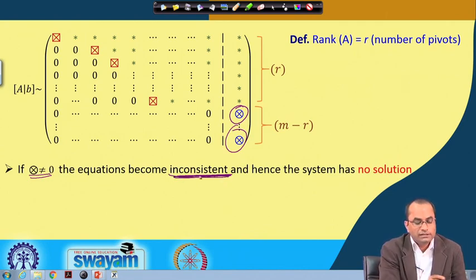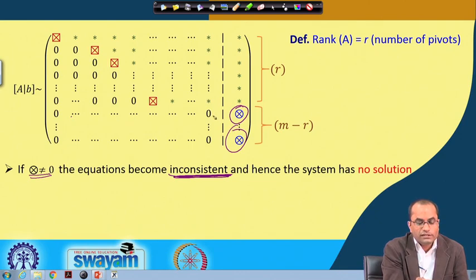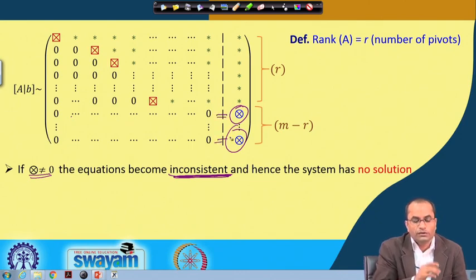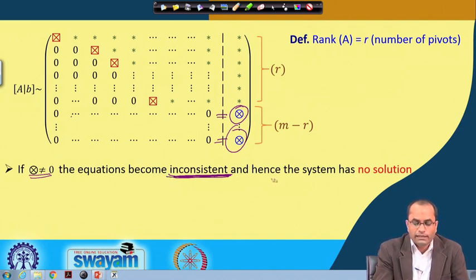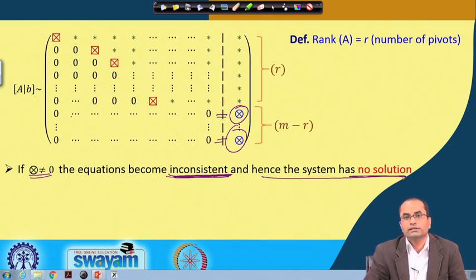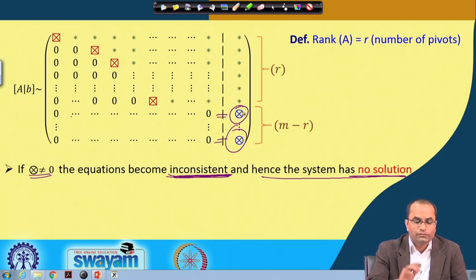And why inconsistent? Because we have the situation that 0 is equal to something non-zero, which we have already discussed in the previous lecture. So, if in our echelon form we got these as a non-zero number, then the system is inconsistent, meaning that the system has no solution. That is the first identification we are going to have from this echelon form.